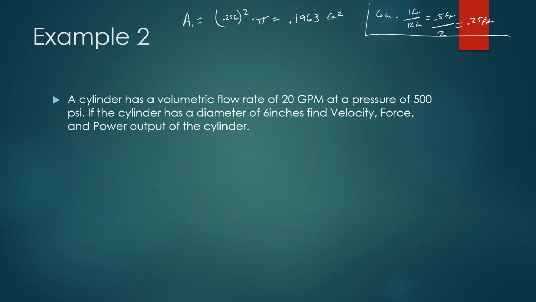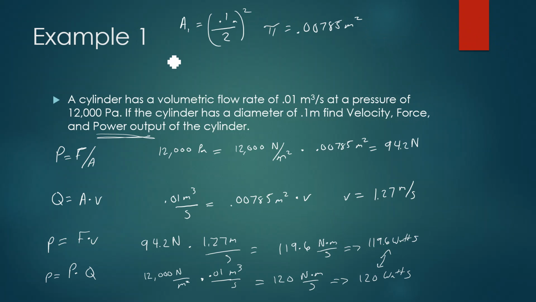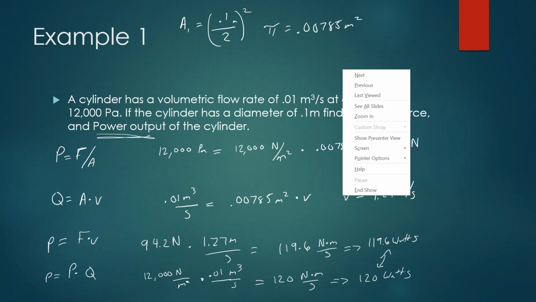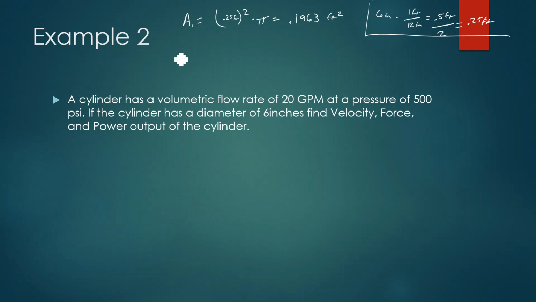All right. So let's go ahead and convert our 20 GPM to something a little more usable. 1 foot cubed per 7.48 gallons, 1 minute per 60 seconds, and so we're going to get 0.0445 feet cubed per second.